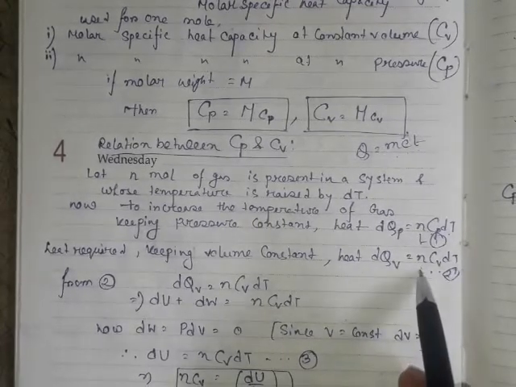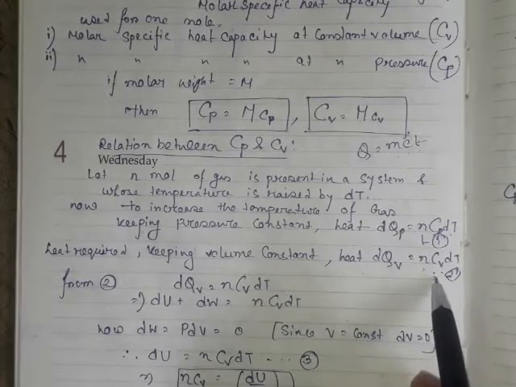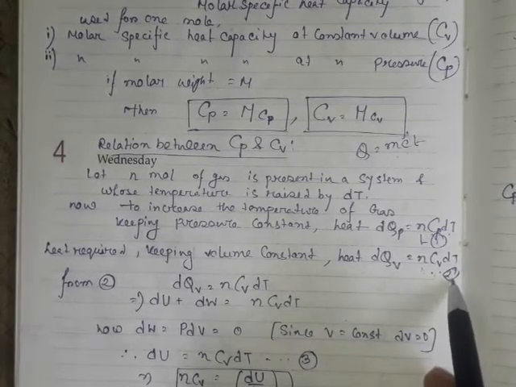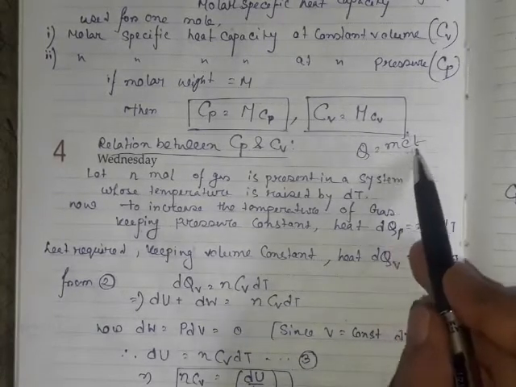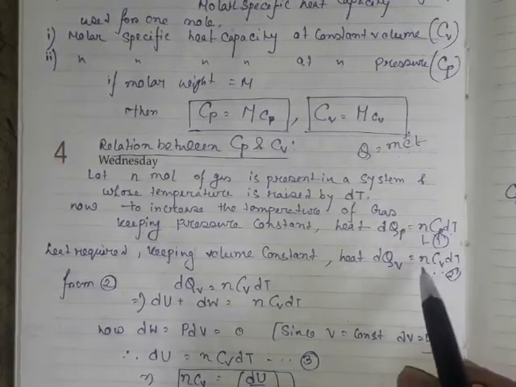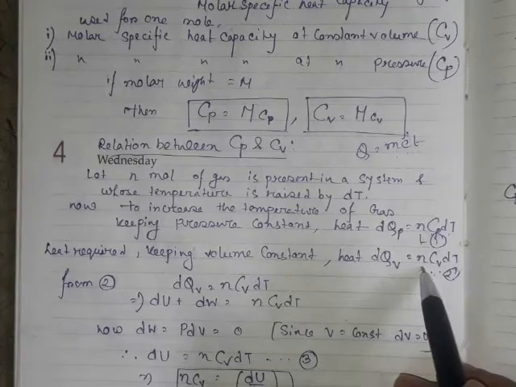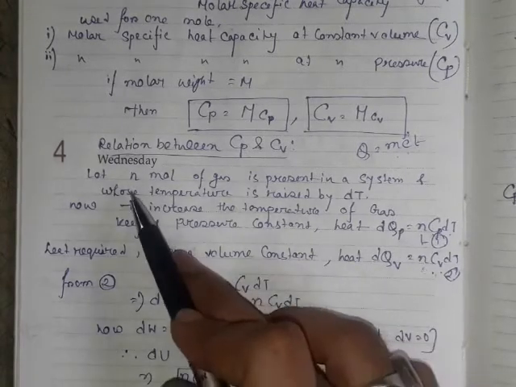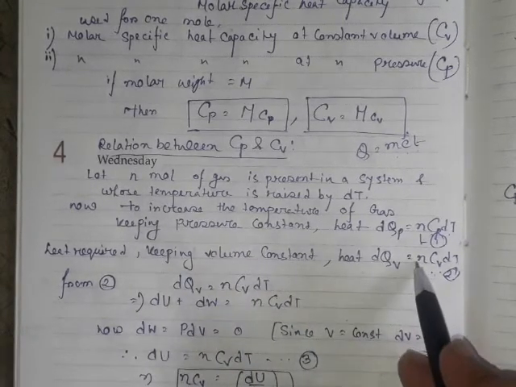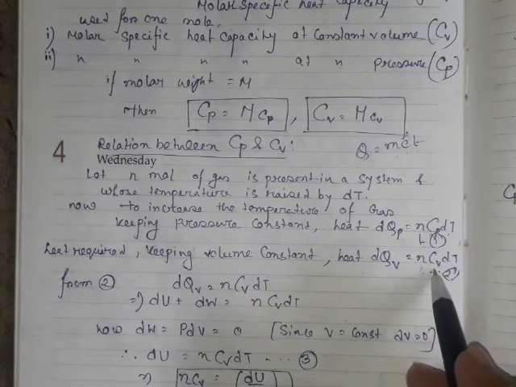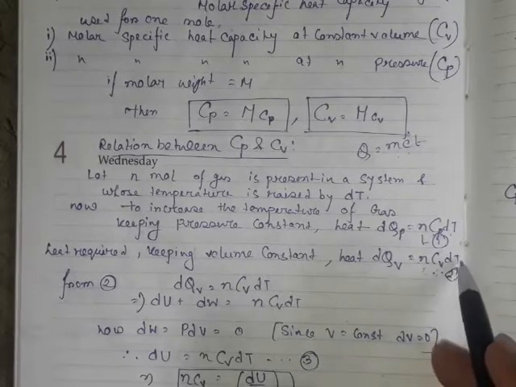Again, in Q equals mcT this one is mass, this one is specific heat capacity, and this one is your change in temperature. As we don't have mass, we have the mole, so that is n for n mole, and this is Cv, the specific heat capacity, and this is dT.